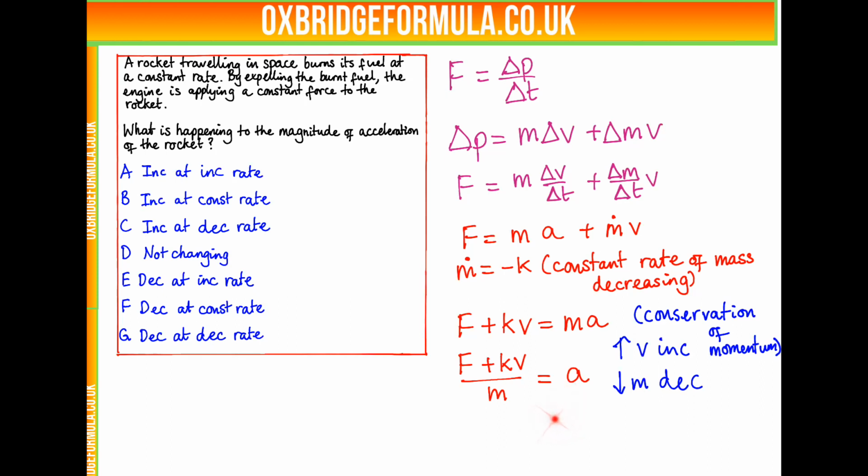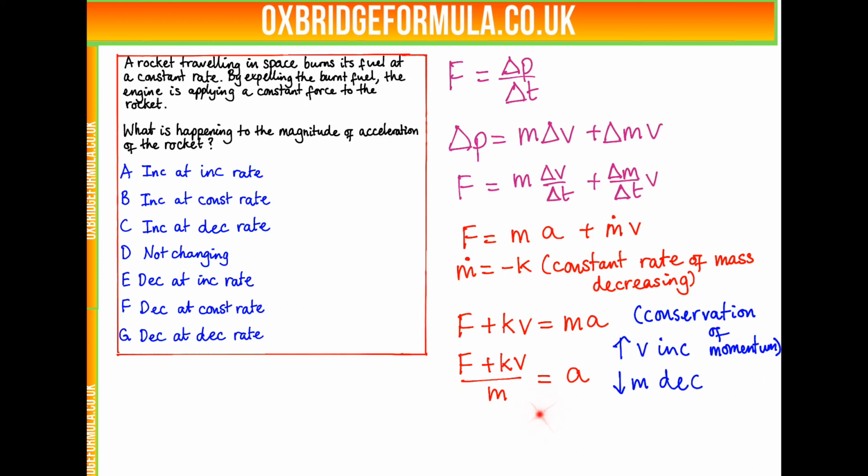But then as the mass is decreasing, you could say the gradient k over m is one way to think about it: the gradient will keep increasing because k is constant but m is going down. So the gradient of the line, a against time, will keep increasing.